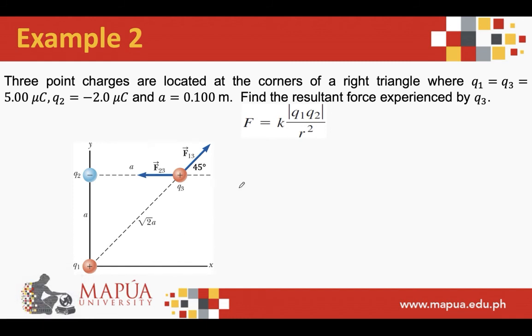Distance a is 0.1 meter. Now this is also a, so this forms a right triangle. By Pythagorean theorem, this is the hypotenuse. So the square root of a squared plus a squared is the square root of 2 multiplied by a. That is the distance between these two positively charged particles.